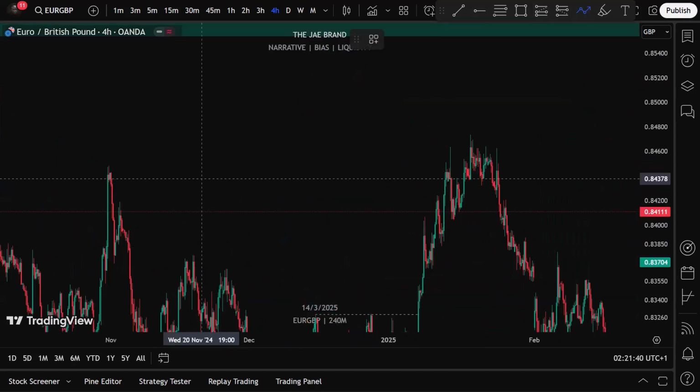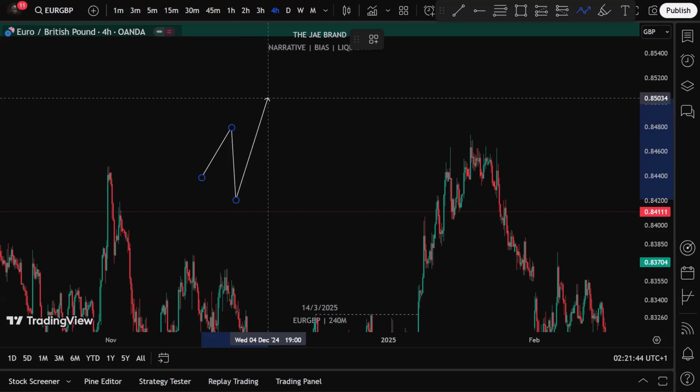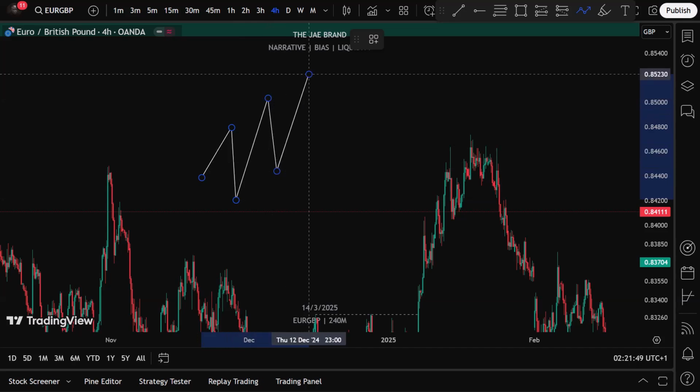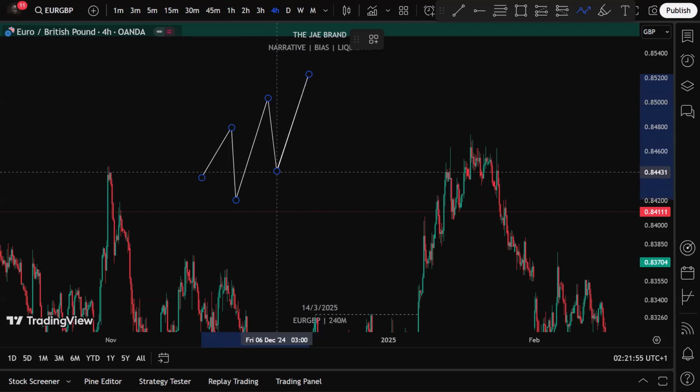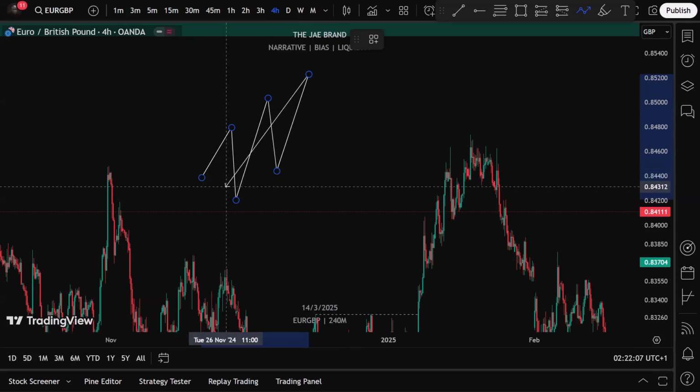Like I said before, you want to see a sweep of the previous low when you are buying, and then you want to see a break, and probably this is the second pattern, another break of structure. What will you do? You are waiting for price to take out this structure. This becomes your structural liquidity, and then you wait for price to take out this structural liquidity, tap into an area of value around here, either your QMR or any kind of order block, breaker block, mitigation block, or whatever.